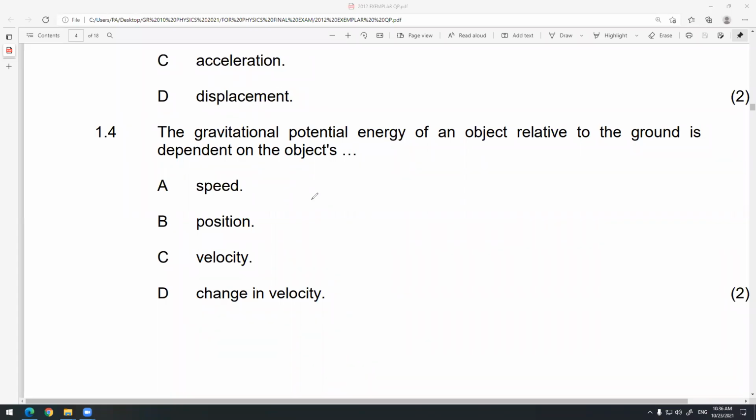Gravitational potential energy. We know gravitational potential energy is stored energy. The formula is EP equals, the potential energy symbol is EP, EP equals M times G times H. What was the M? It is mass in kg.